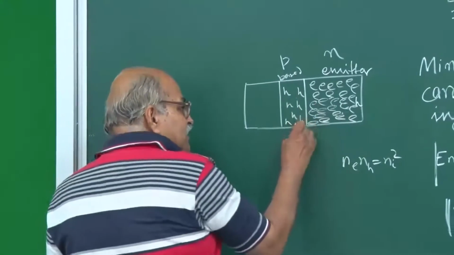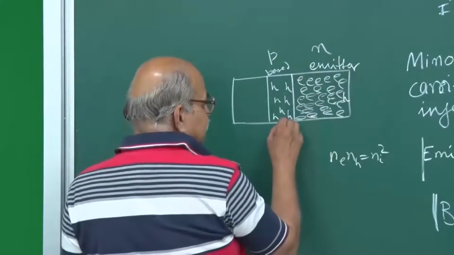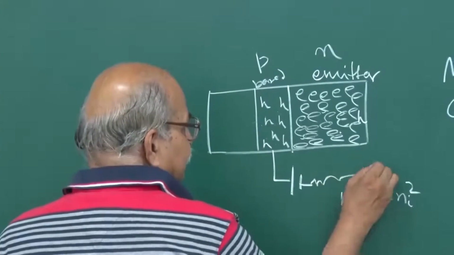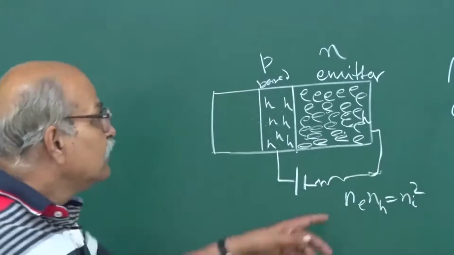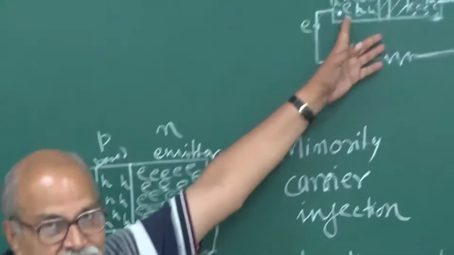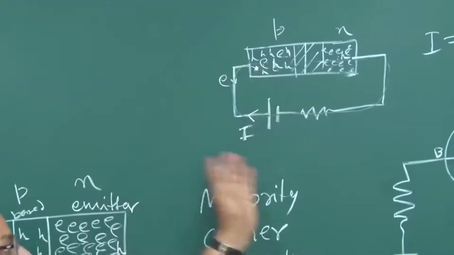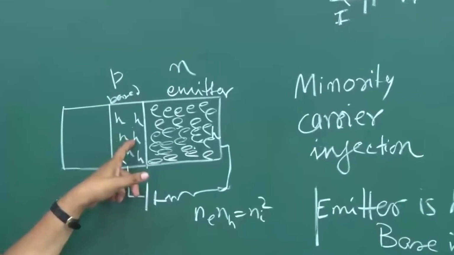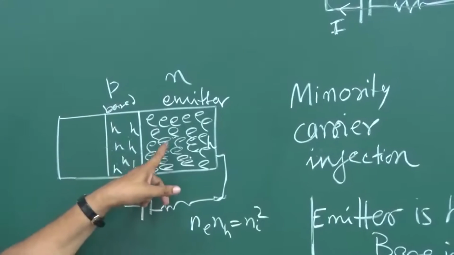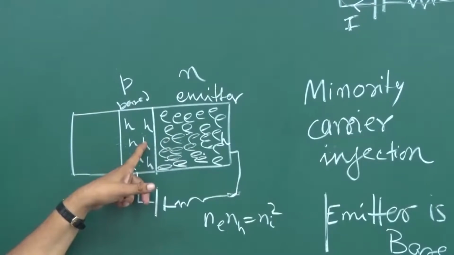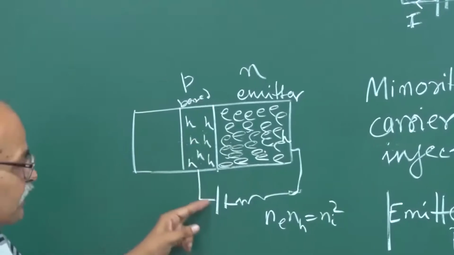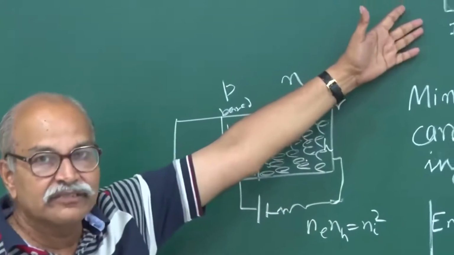If it recombines, remember this is biased, so you have this positive and this negative here. Then this mechanism will take place. The current will go like a PN junction. Whenever this electron comes here and in the P region it recombines, you do have a corresponding current, just like this.